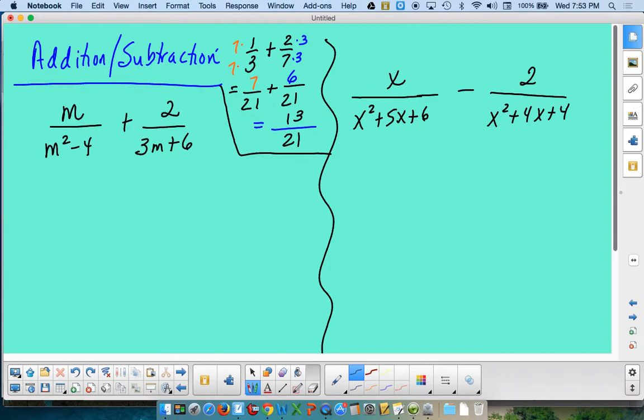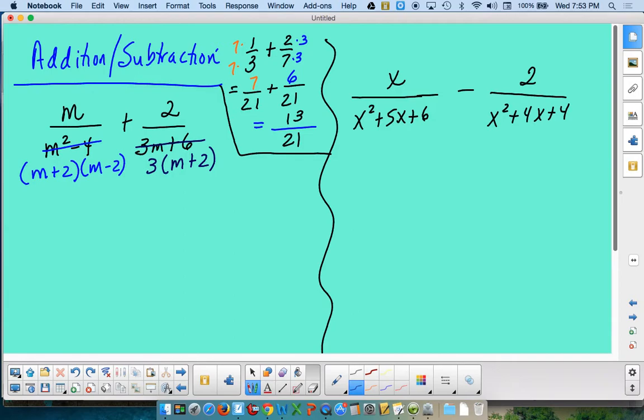This is not multiplication. So the first thing I'm going to do is attempt to factor the m squared minus 4, which would be m plus 2 and m minus 2. And if I attempt to factor the 3m plus 6, I could take out a 3 and be left with m plus 2.